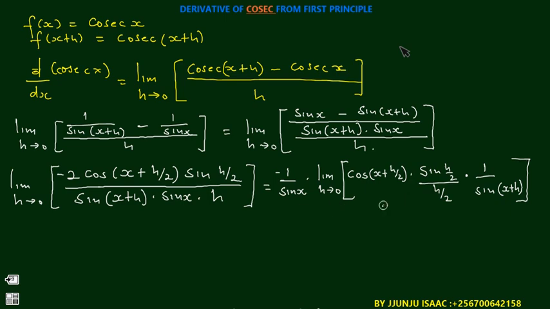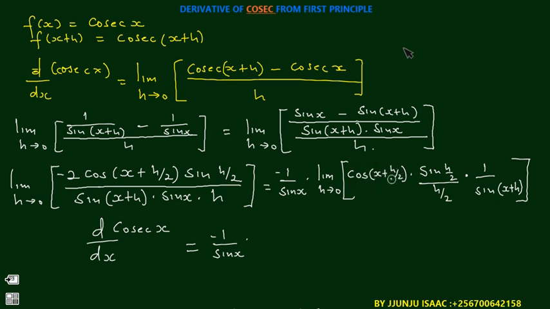Now at this level I can apply my limit. When I apply the limit to the bracket, the derivative of cosec x will thus be negative 1 over sine x times, let us apply the limit. When we apply the limit, this is x plus h over 2.